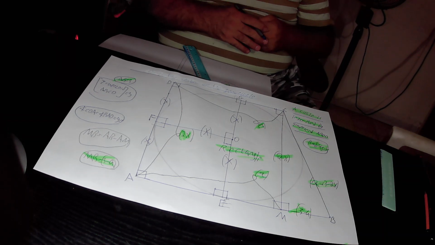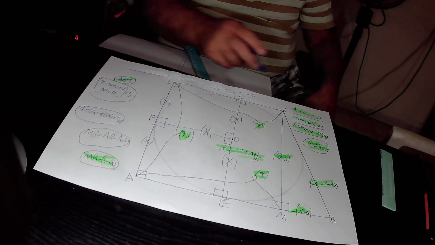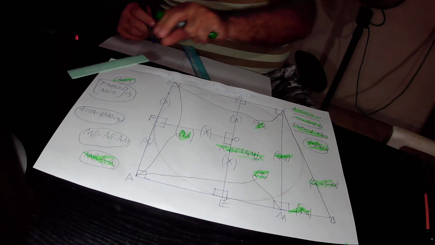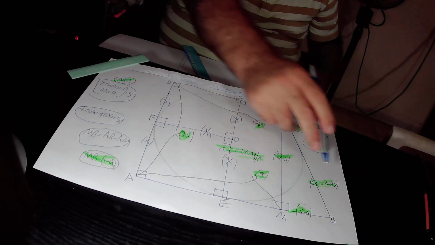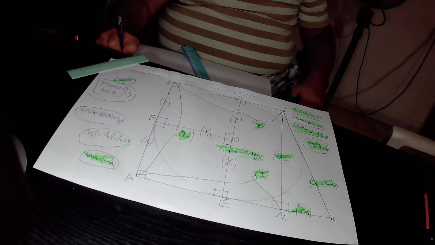The area of trapezoid ABCD equals the sum of its two parallel bases, that is DC plus AB, times the height over 2.